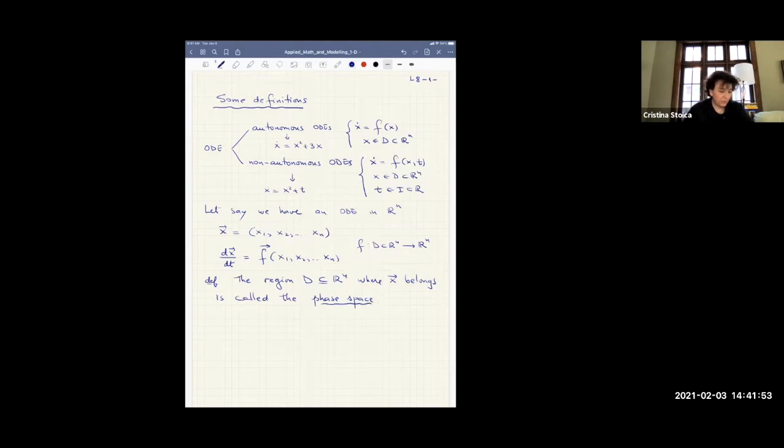And I'll have an example for you. And then the set of solutions of equation star, let's call it star. The solutions will look like some x1 of t, x2 of t, ..., xn of t. So the set of all these solutions as traced in D forms what we call the phase portrait.